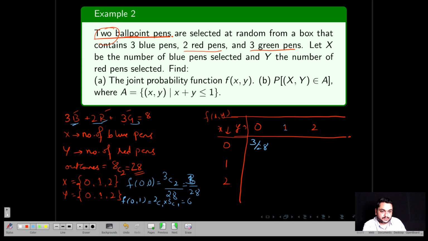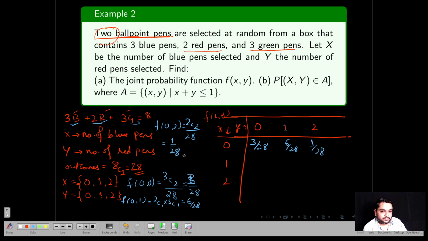This will be equal to 6 by 28. Next, 0, 2. So 2 red, 0 blue. This is also possible. F of 0, 2 is equal to, both are red. So 2C2 divided by 28. That is 1 divided by 28. This becomes 1 by 28.